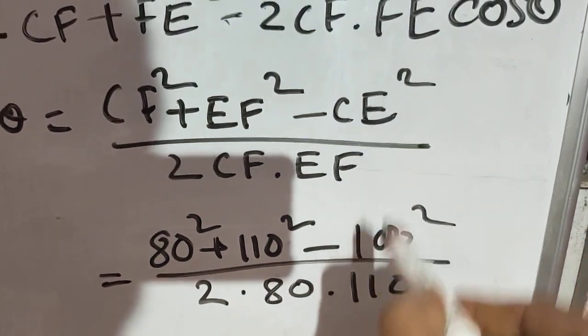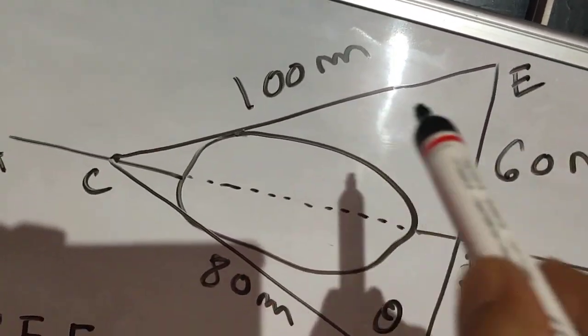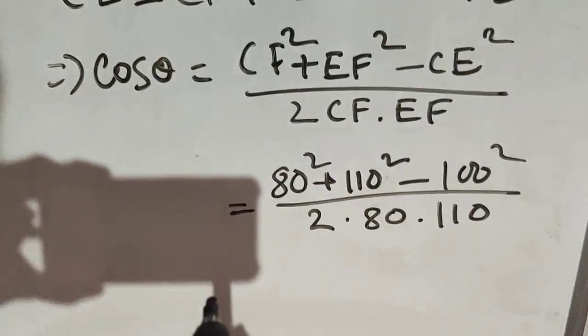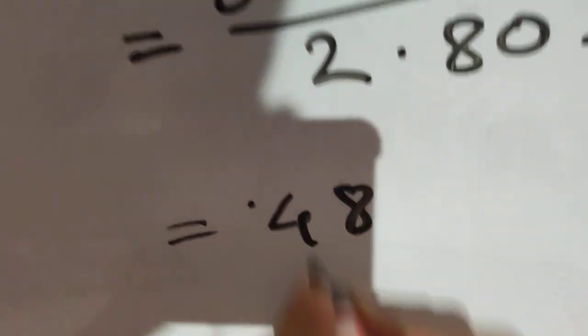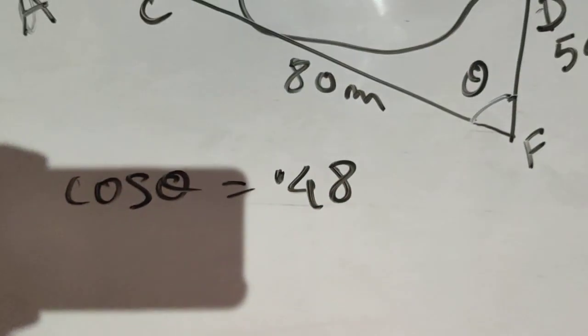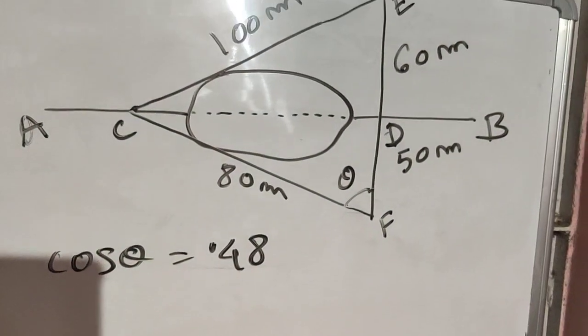CE is 100, it is given here. After putting down all the values, the value of cos theta we get is 0.48. I'm doing the calculation for you. So the value of cos theta we have found out to be 0.48.